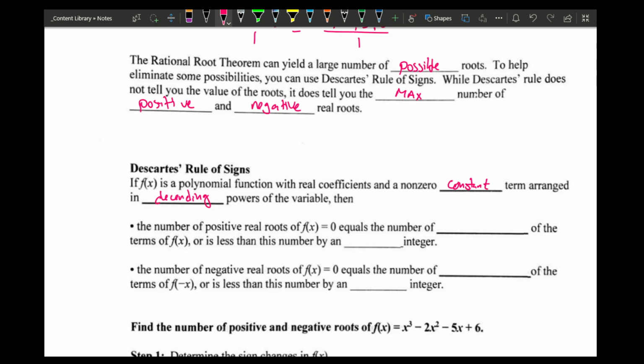The number of positive roots is the number of sign changes of the terms of f of x, or is less than that by an even integer.